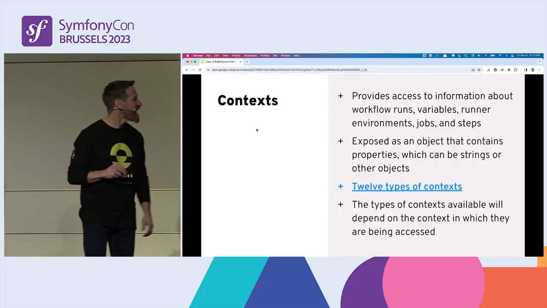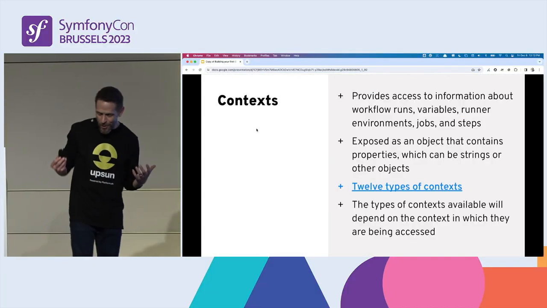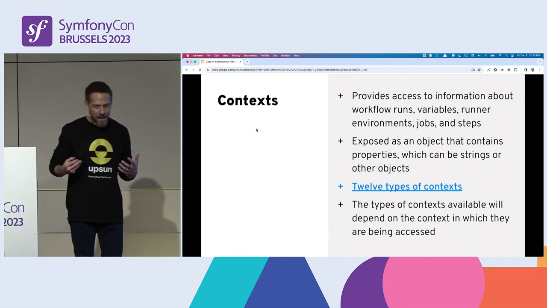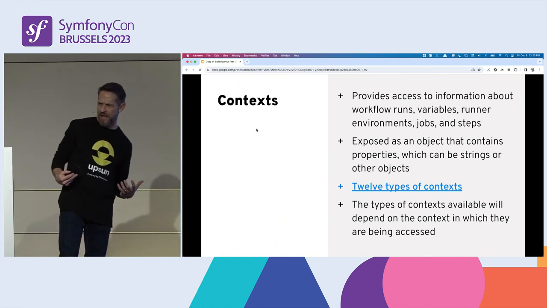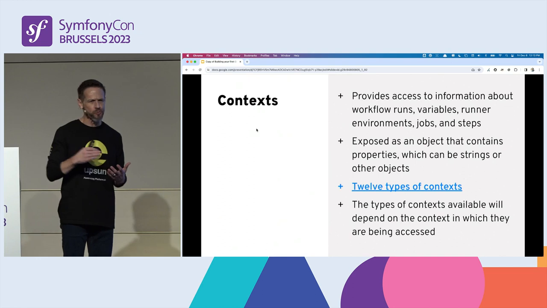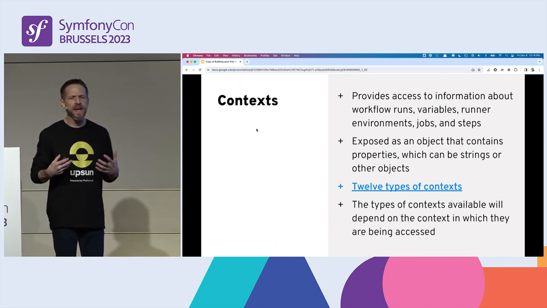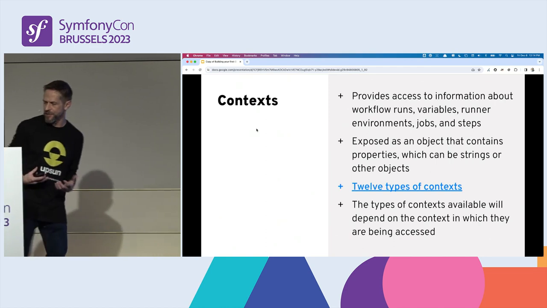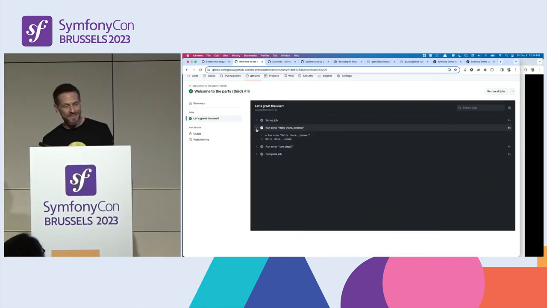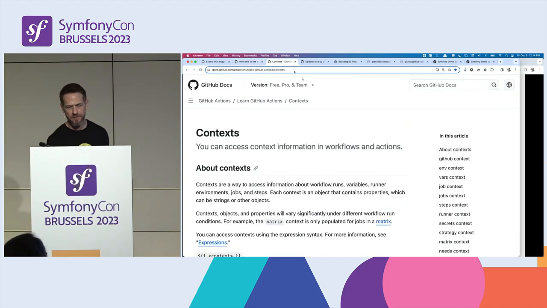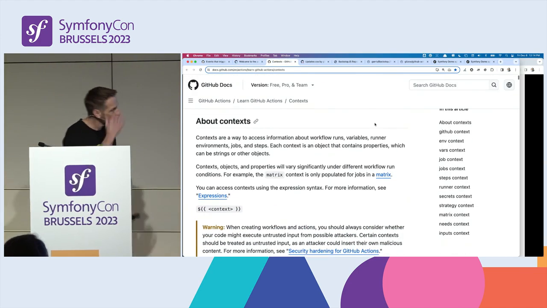So context. Contexts are how your actions, your workflows receive information from the actions platform. Whether that's about runners, about the job, the workflow itself, the events that are occurring, it's how that information is exposed back to your code base. Now, you do have 12 types of contexts. Here on the right, you can see we've got 12 different types.